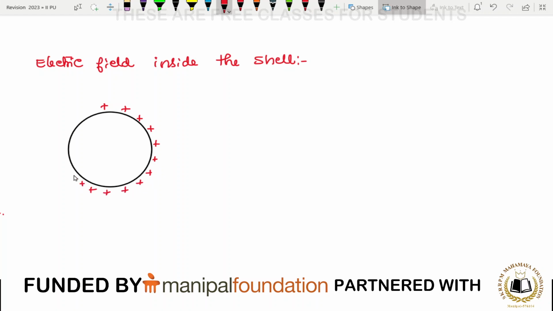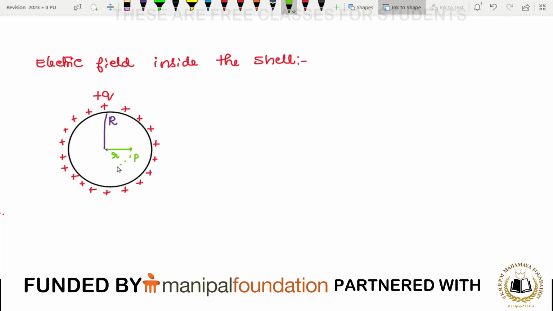The charge present on this one is plus Q. The radius of this sphere is capital letter R. And we want to calculate the electric field at point P, at a distance small letter r.